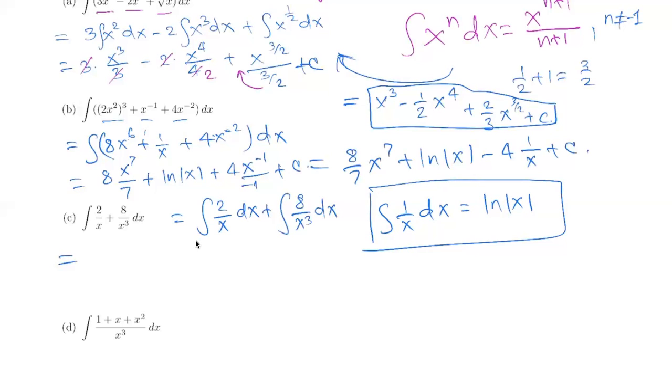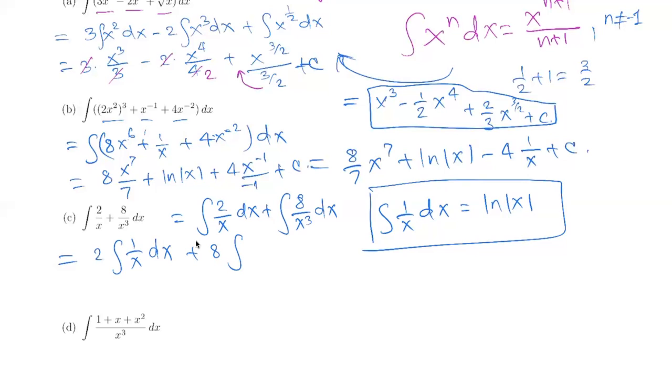You don't have to separate, but if you separate, then you can see we have combined two fractions. Now antiderivative of 2 over x is pretty much 2, pull outside 2, 1 over x. And here we can do the same, pull 8 out, 1 over x cubed.